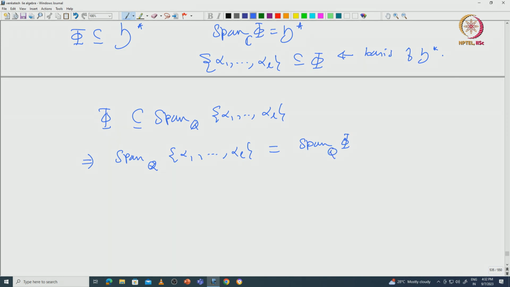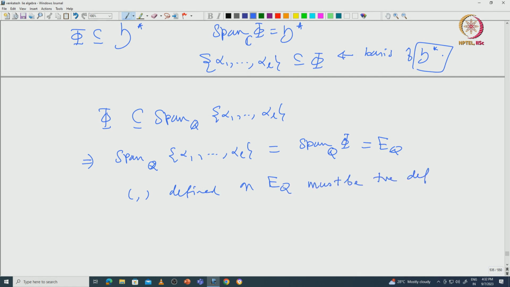And then the form that we defined on H star, if we restrict that to this E Q, then we proved that the form defined on this E Q must be positive definite.